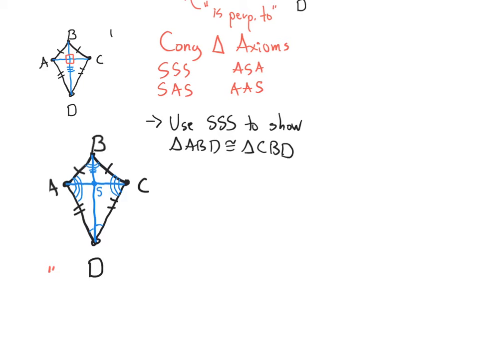I have that BS is congruent to itself in the triangles CBS and ABS, of course, that side where they both meet up. I have that AB is congruent to CB. And I have that this angle ABS is congruent to CBS. Since I have all of those things, I can use side, angle, side.